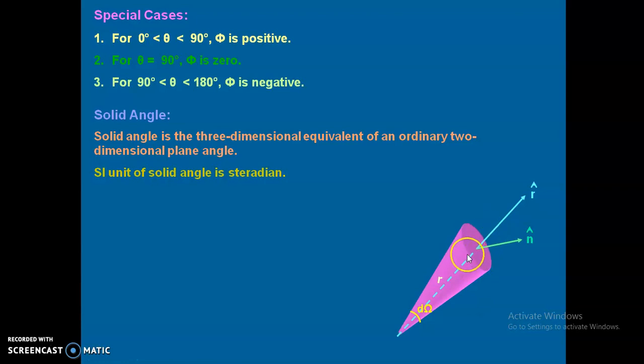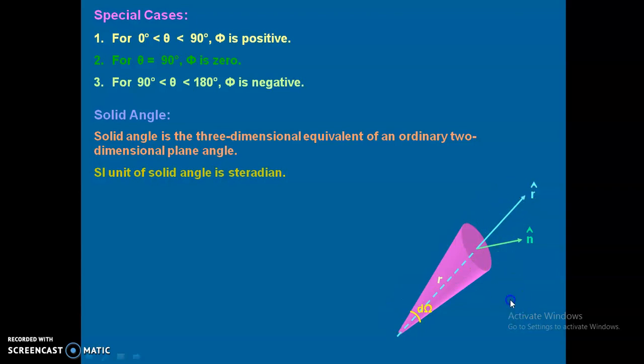This is r cap, and this n cap shows the direction of the area vector. Just now, before this slide, we understood the n cap's direction. And this r cap is showing the radially outward direction, along the radius of the sphere.